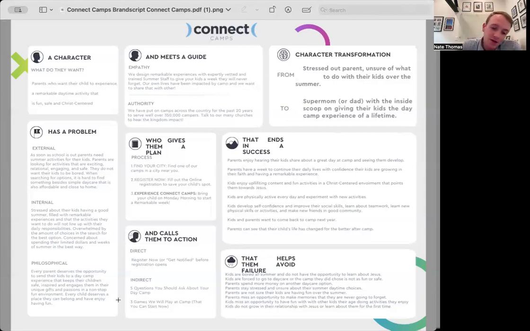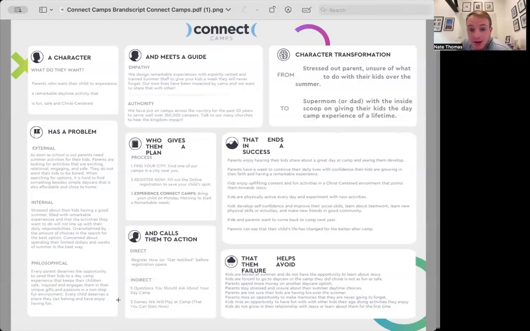So register now or get notified. And then there's also some indirect call to actions, which may be download this resource or check out these 3 games. And we send out that monthly kind of content throughout the year. 3 in the spring, or 3 in the fall, 4 in the spring.